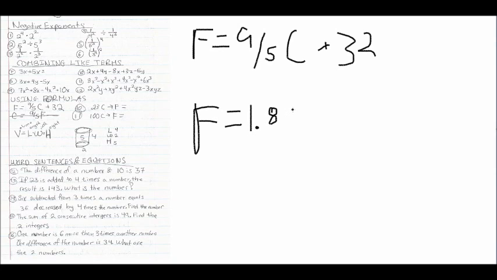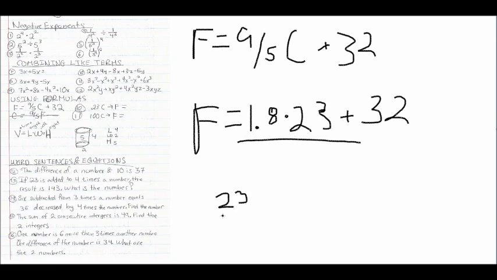Well, it's not hard because all we have to do is plug it in. 23 is C, right? So F equals 9/5. It's easier for me to work with decimals, so I'll convert it to 1.8 times C, which is 23, plus 32.